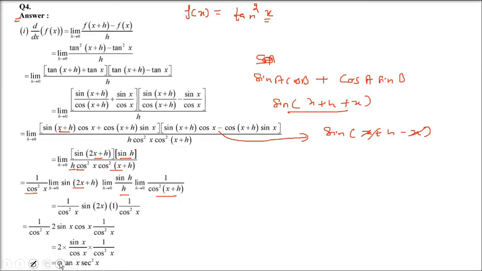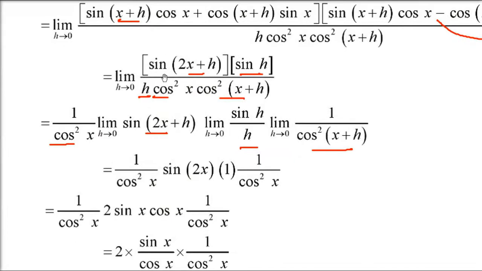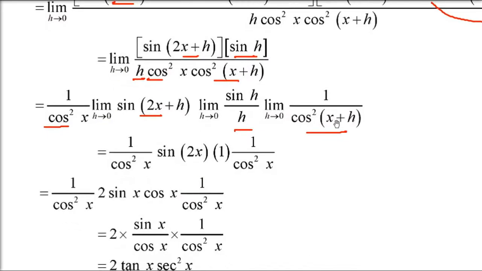So we have sin(2x+h), and sin h by h, of course, will be 1, and only cos squared (x+h) will be inside the limit. So h is 0 here, so it will be sin 2x only.